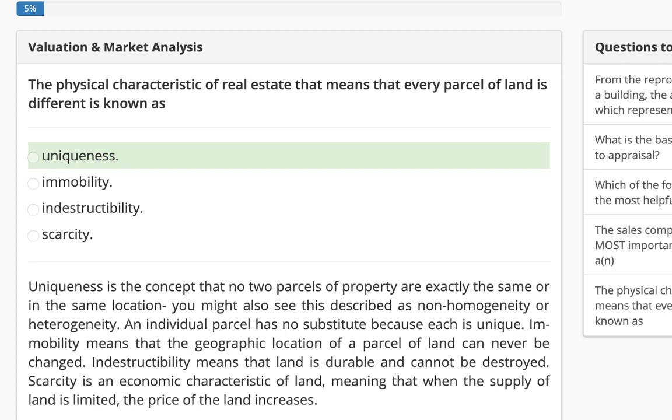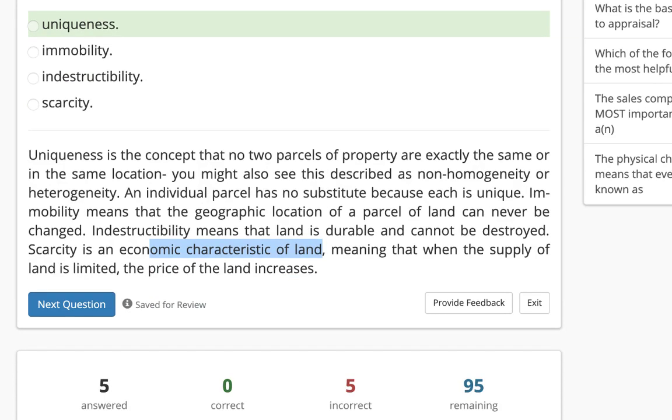Is scarcity a physical characteristic of land or real estate? Aurora says no. That is the correct answer. Scarcity is an economic characteristic, as noted here on our answer, but it is not a physical characteristic.